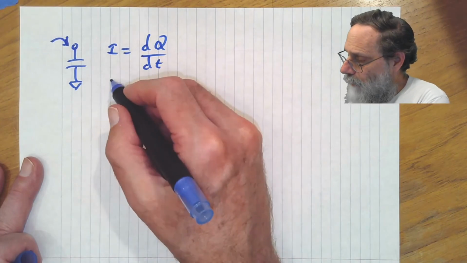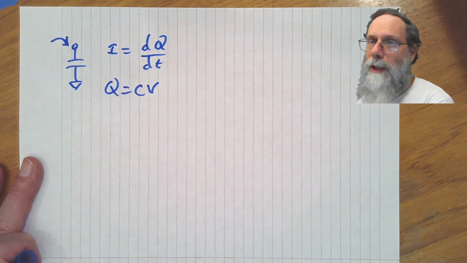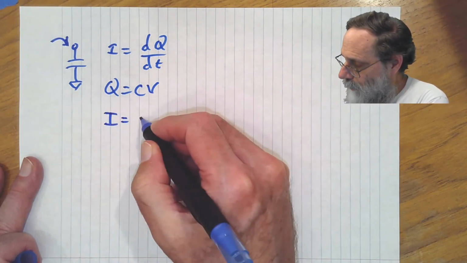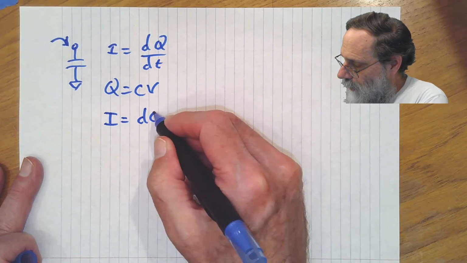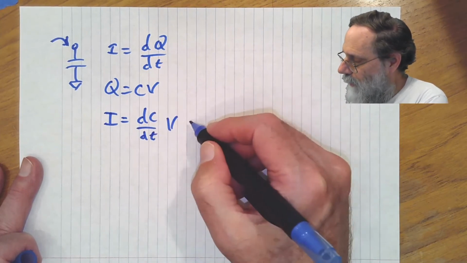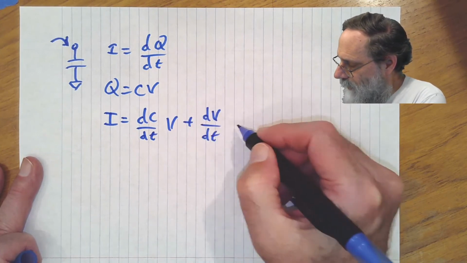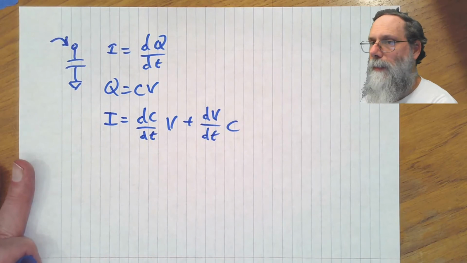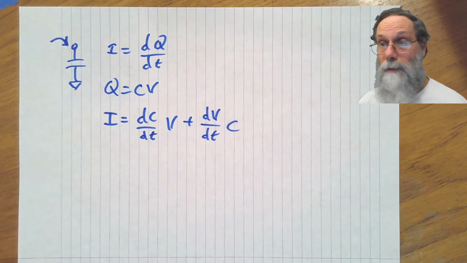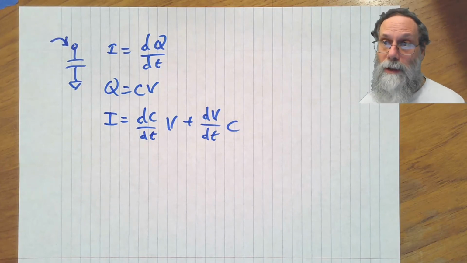But we already had another formula that says Q equals CV. We can put these two together, just using the multiplication rule. I is equal to dC/dt times V plus dV/dt times C. Now, this formula is good mathematics, and we will be using it at times in the class.